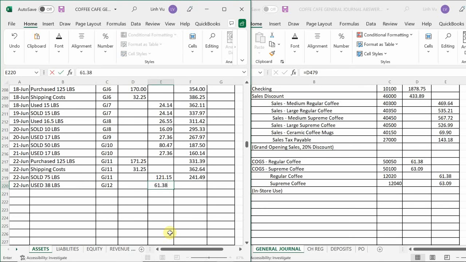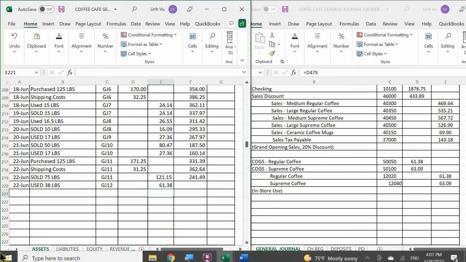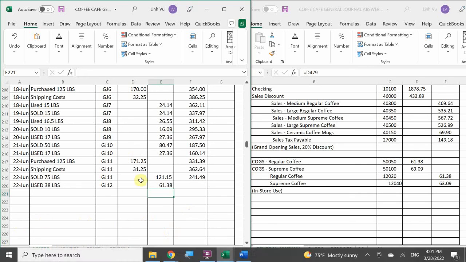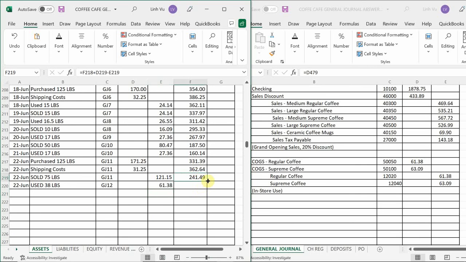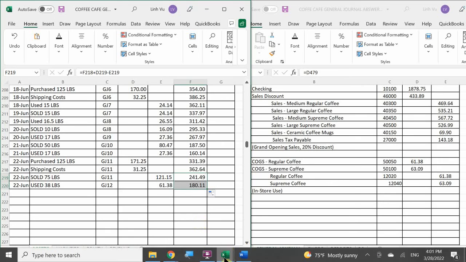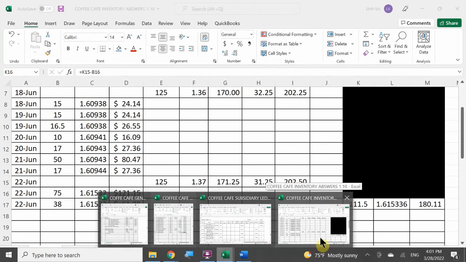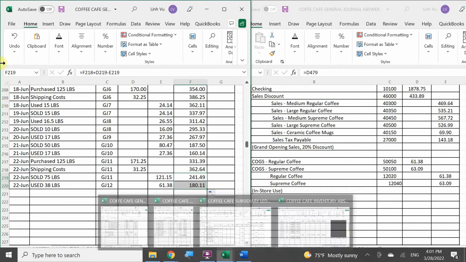So in this case, how much inventory should I have left in my regular coffee? 180.11, which matches our inventory on hand, right? We do have 180.11. Okay.